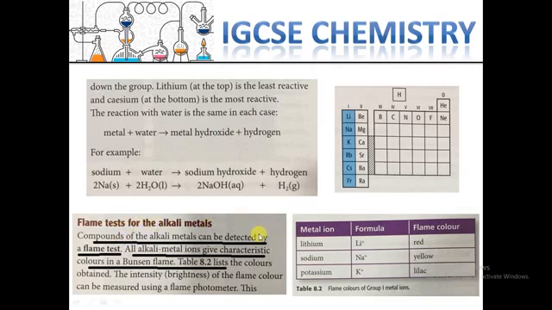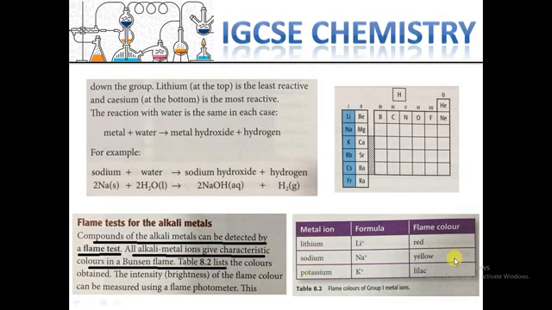The way to detect different kinds of metal is the flame test. It's the name of the experiment, and it is often used in industrial applications.